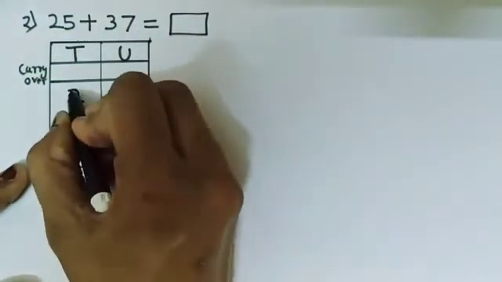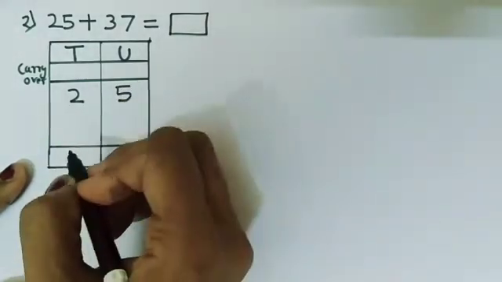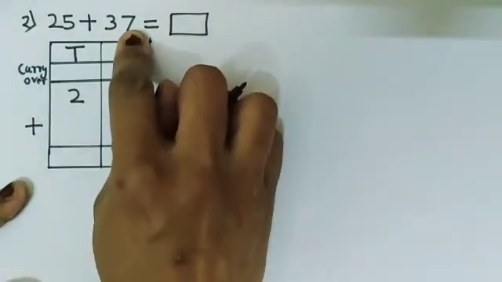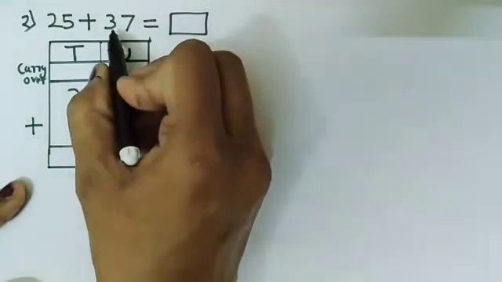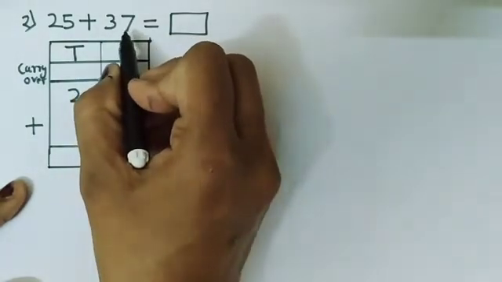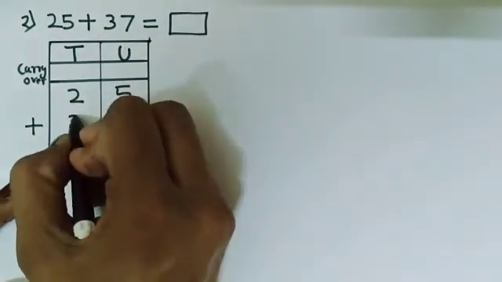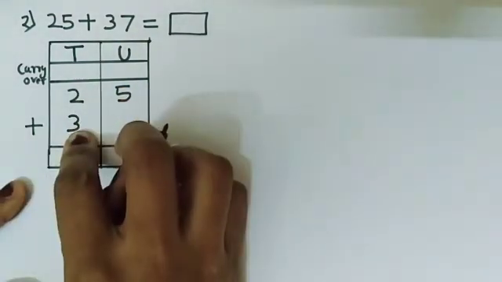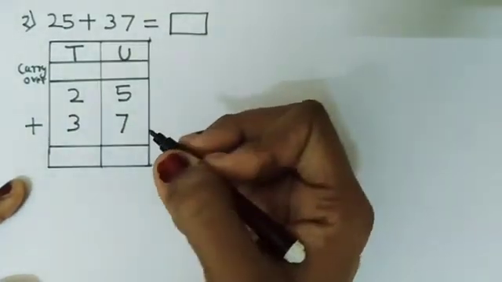So we will write here 2 in the tens column and 5 in the unit column. And you have to add the number 37. So 37 is also a 2-digit number. Means 3 tens. So we will write 3 at the tens place and 7 at the unit place.